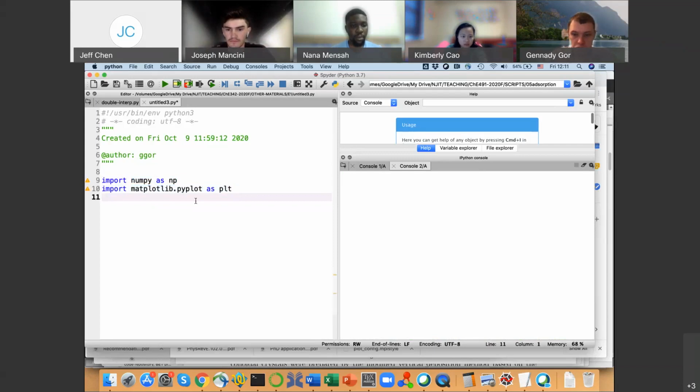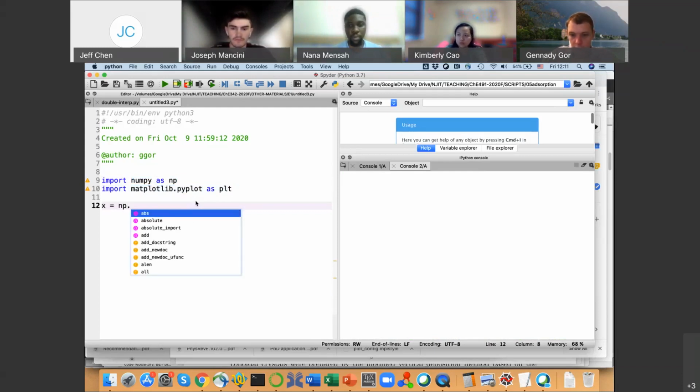And let's start from something simple. Let's start from creating two NumPy arrays. First would be x equals NumPy linspace. Remember what that is, right? It's linearly spaced points.